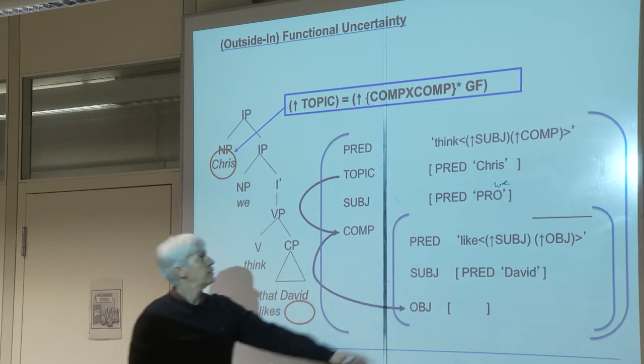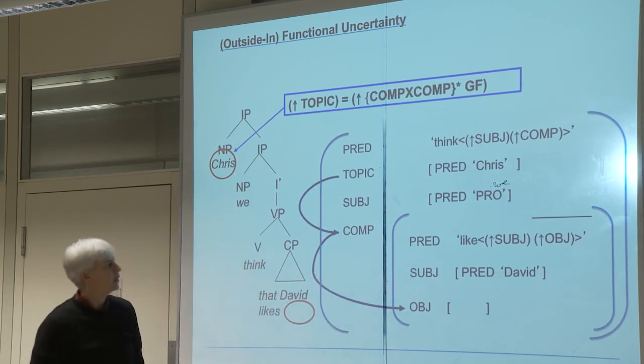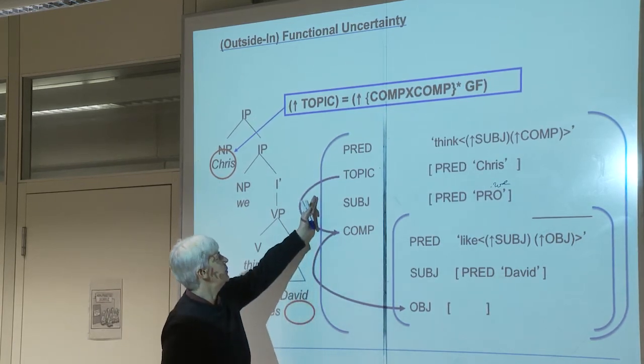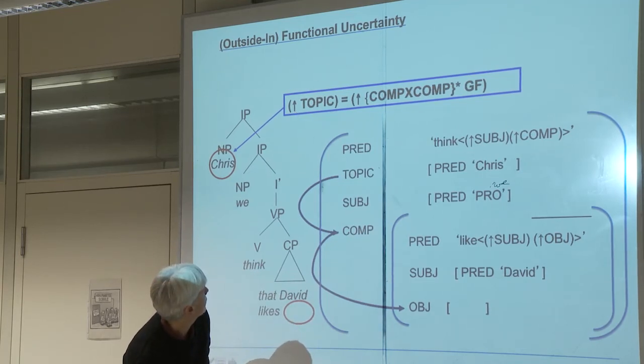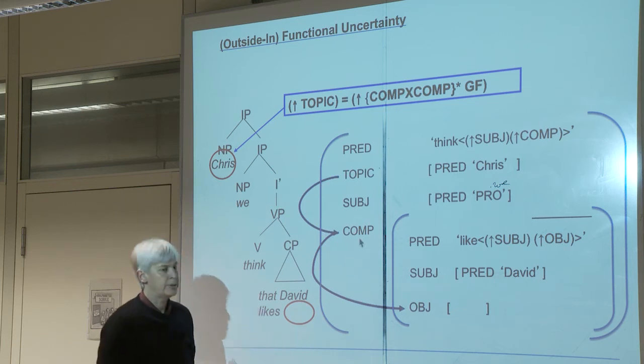And oh, we can find an object here. So in fact, what we're doing is going from the outside in. This up arrow refers to this F-structure. It says, whatever this F-structure is in, let me see if I can find a path through it, through various comps or X-comps, to find an object or object theta. So you start out here and see if you can find a comp or an object.